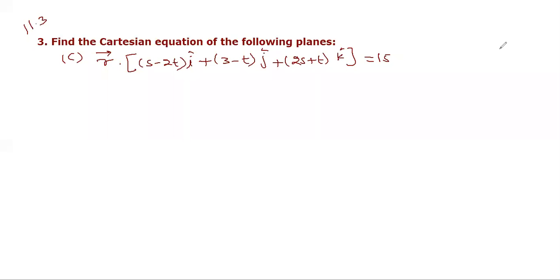Okay. Here you just have to convert it into the Cartesian equation. So you can put the value of r.